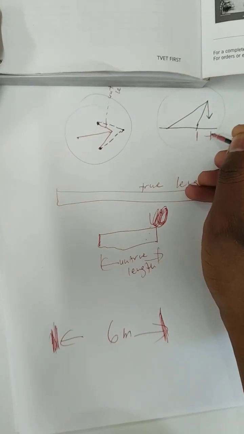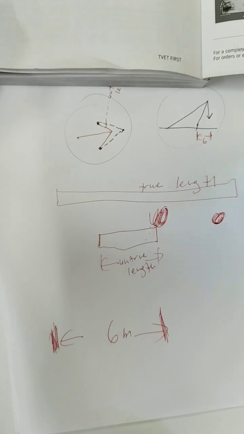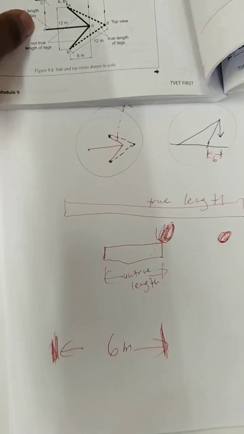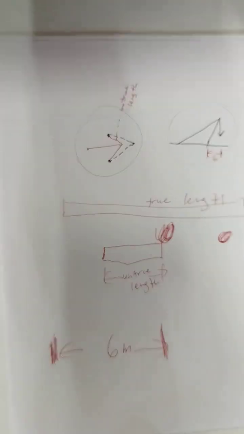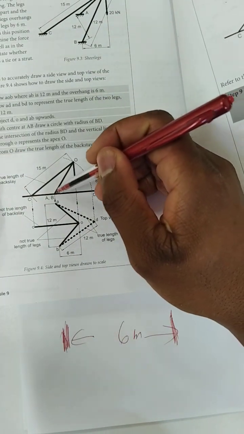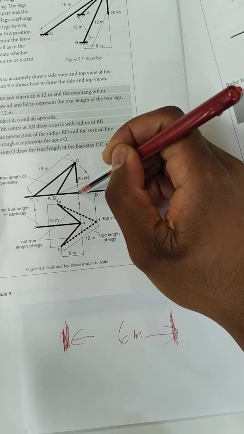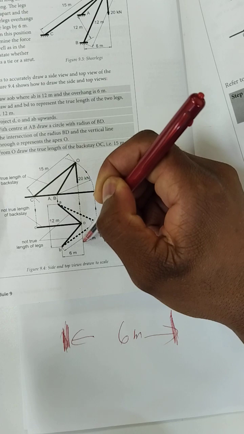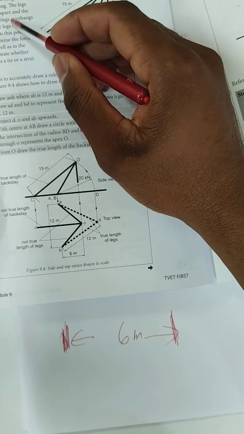From here to the apex, it's 6 meter. Okay, in this case, which is the distance from here to there, or the distance from here to there. So is this one here.